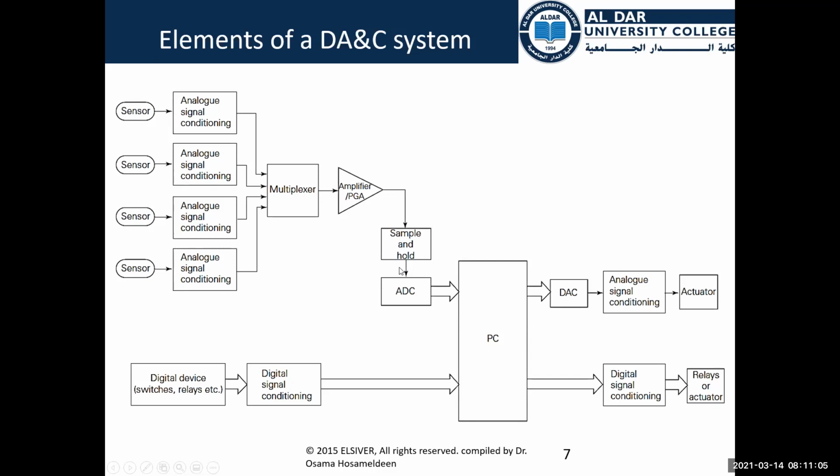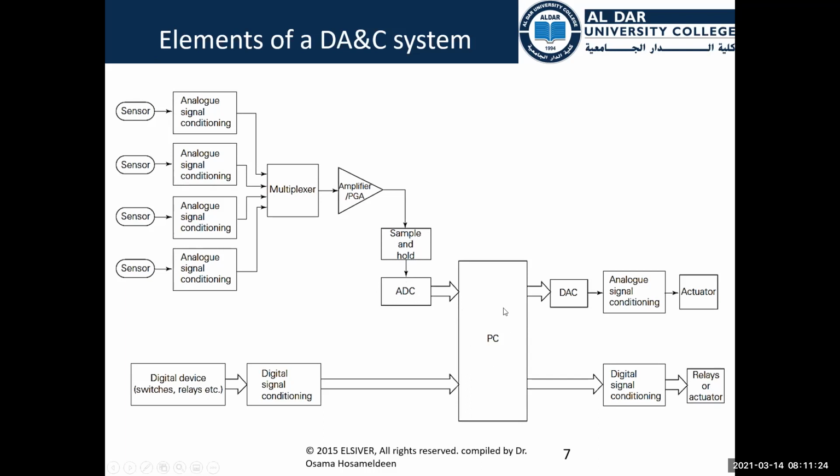You can say it is like a buffer holding the signal. Then the sampled signal is passed to the analog to digital converter, and the analog to digital converter passes the data to the PC.